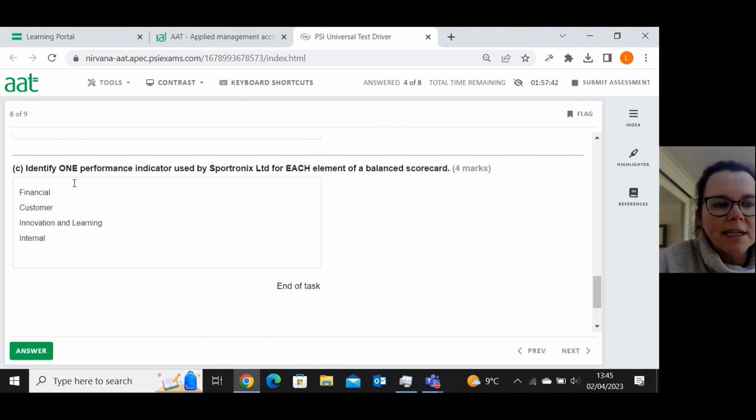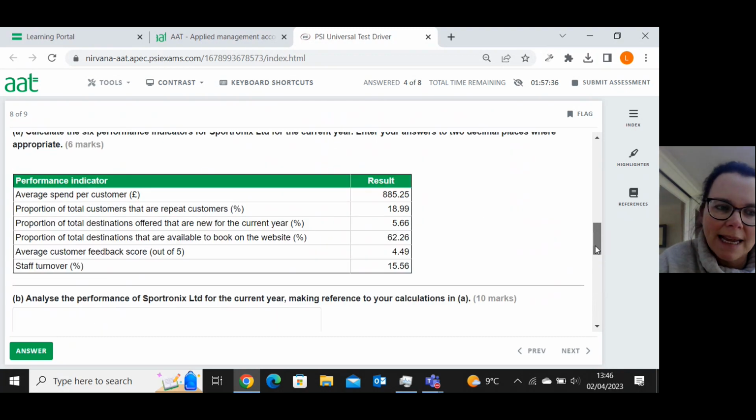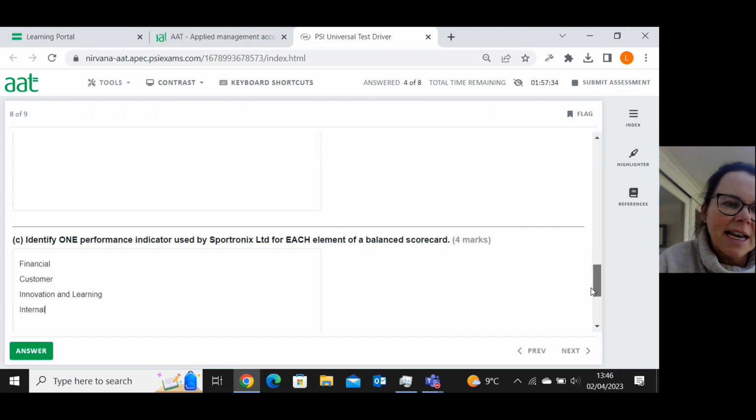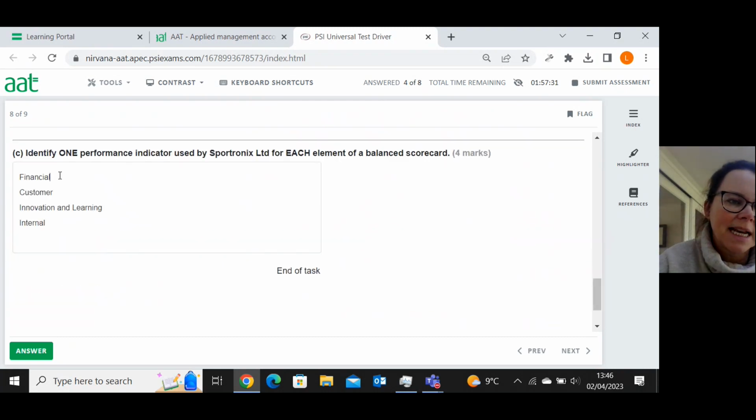So financial, it's saying identify one performance indicator for each element. So this is still quite applied. So a financial performance indicator could be the average spend per customer, anything to do with the money.